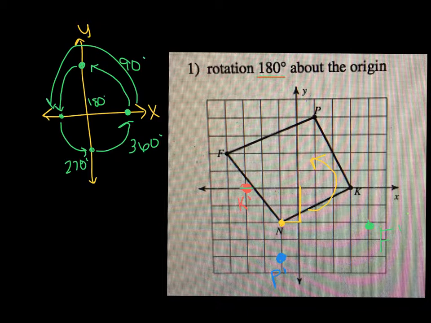I moved up and down 2, so I'm going to move 2, and I moved over 1, so I'm going to move over 1 this direction and put a dot there. So that's my N prime. Then let me erase my work one more time. We just have the new points there. If I go ahead and connect those dots, this is my new shape here.